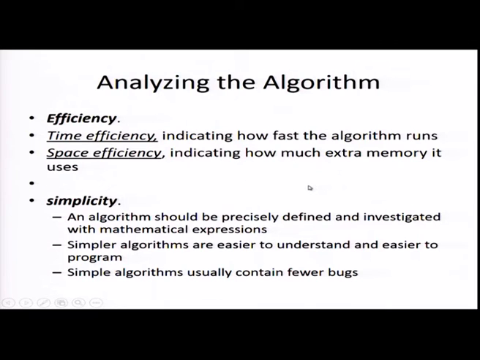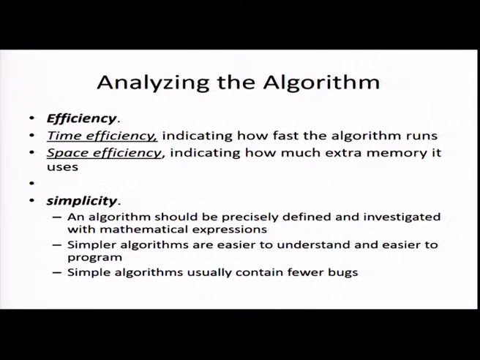Then next is about space efficiency. We have seen time efficiency with respect to how fast the algorithm runs. Now comes space efficiency. In terms of space efficiency, it indicates how much extra memory it uses. By the term space, what can you infer?